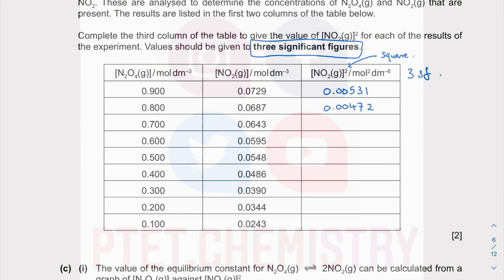472. So this is the last one, 0.000590. That is a lot of zeros.